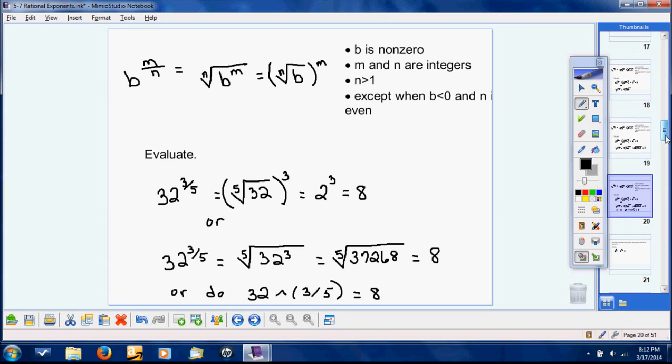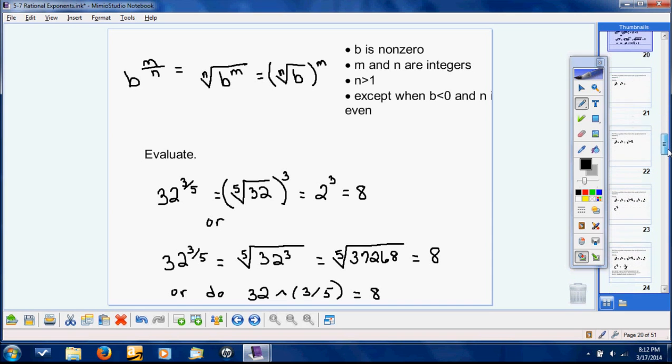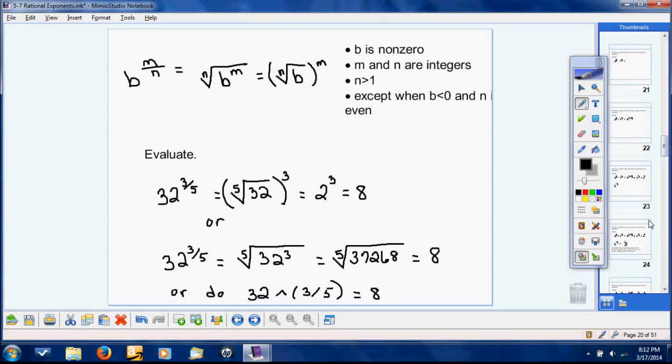I'm just giving it a couple seconds here so that you can do that on your own calculator.